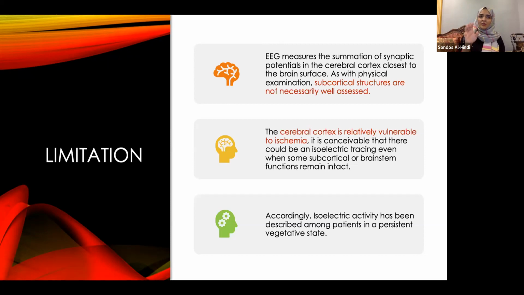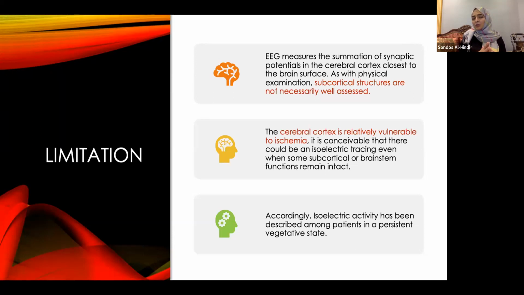There are other areas, let's say the hippocampus is prone to hypoxia, but the brainstem is the most resistant. And so your patient could present with a flat EEG because of that cortical ribboning, but you do a clinical assessment and the brainstem reflexes are present. So clinically, they're not brain dead. Again, accordingly, isoelectrical activity has been described among patients in a persistent vegetative state.